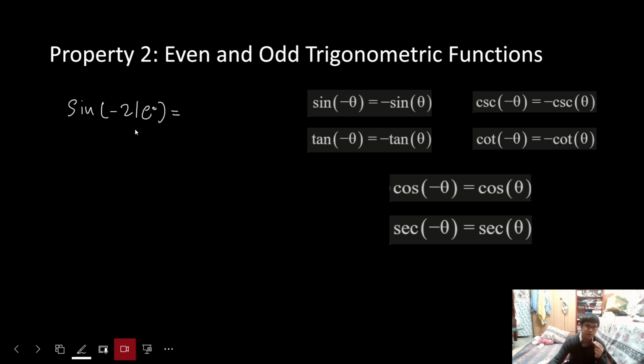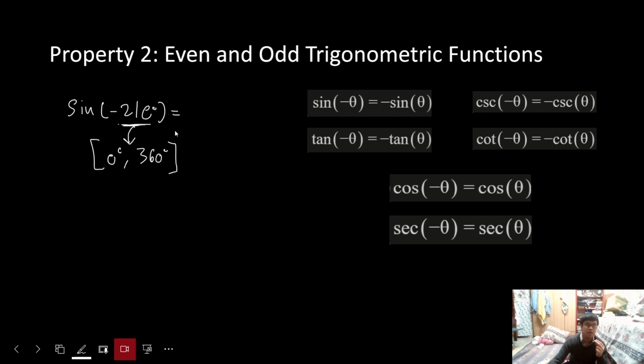Here you can solve this one by finding its coterminal angle. And to be particular, finding the coterminal angle between 0 degrees up to 360 degrees. So meaning you'll find the equivalent angle for this one in this interval so that you will know the result.